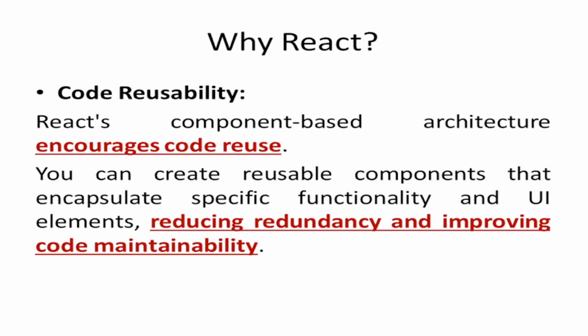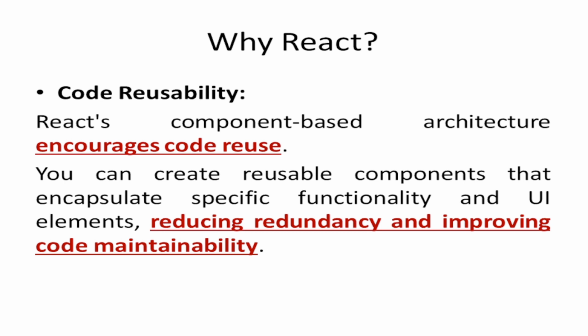Code reusability. This is another very interesting factor. When I write HTML code and the same HTML code should be used across various pages, it becomes a problem, right? Again and again, I have to write the same code. In Code Spindle, I have used menus across different pages. The same menu is getting used across different pages.